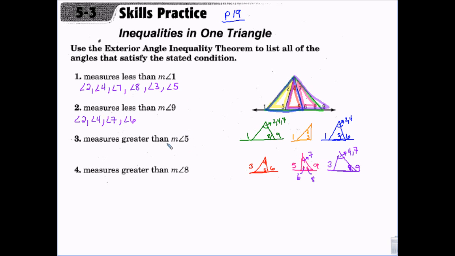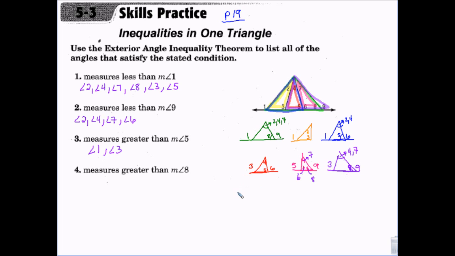Okay, greater than angle 5. So we're looking for the angles on the outside, on the opposite side of a triangle from angle 5. So first I'm going to start looking at my angle 5 triangle. So here's an angle 5. Angle 1 is bigger because it's on the outside. And then I come around. Here's an angle 5, angle 3 on the outside. And this is an angle 5, but that's already on the outside, so I'm not counting it.